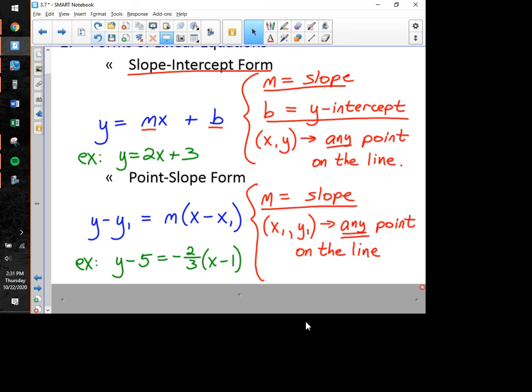But this line right here starts from the ordered pair (1, 5), both positive values. Because if you go back and look at the formula itself, x sub 1 is the number being subtracted from x. Y sub 1 is the number being subtracted from y. So there's this goofy relationship here where that looks like a negative 1, but it actually passes through an x-coordinate of positive 1.